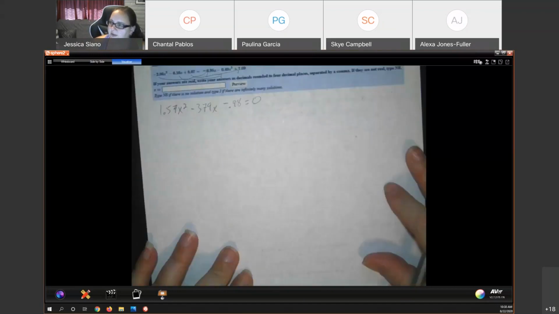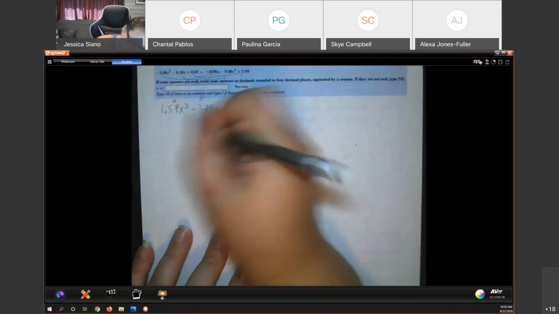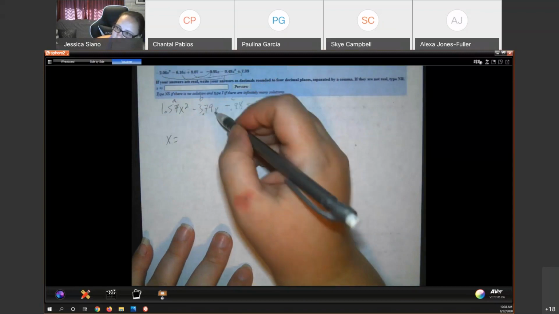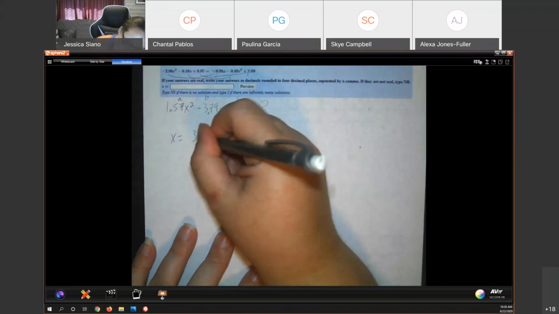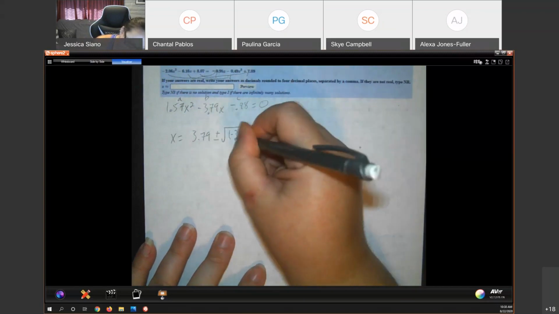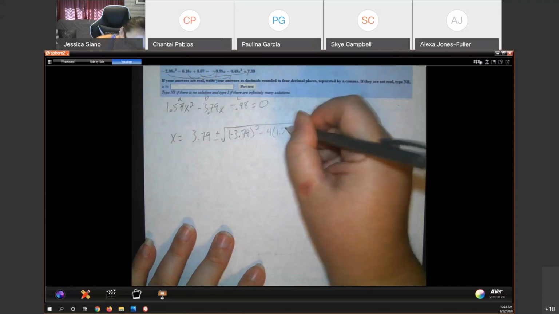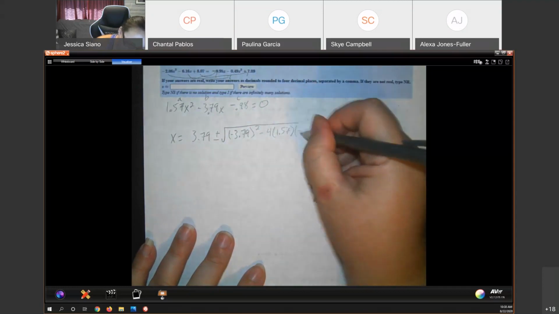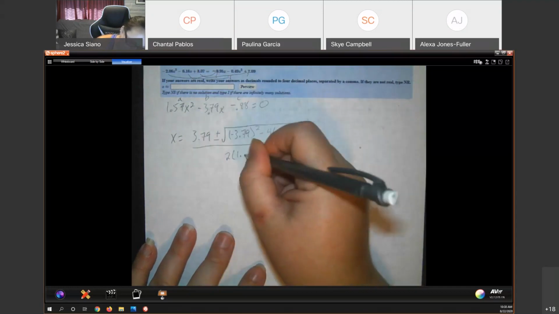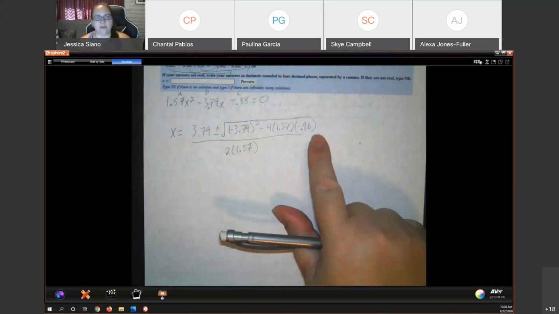All right, this one's going to be annoying. ABC, x equals a negative 3.79, so that's going to be a positive 3.79, plus or minus the square root of negative 3.79 squared minus 4 times 1.57 times negative 0.98. I'm going to put this whole thing in my calculator once.